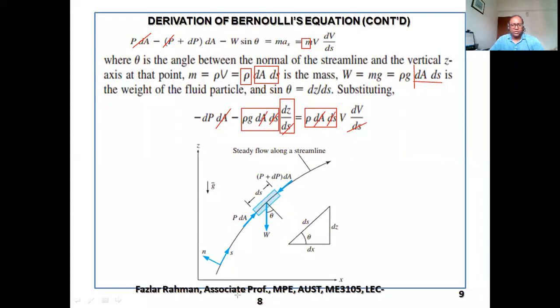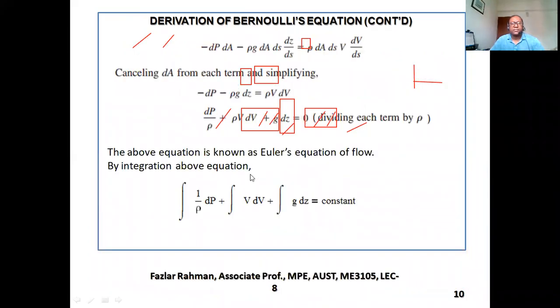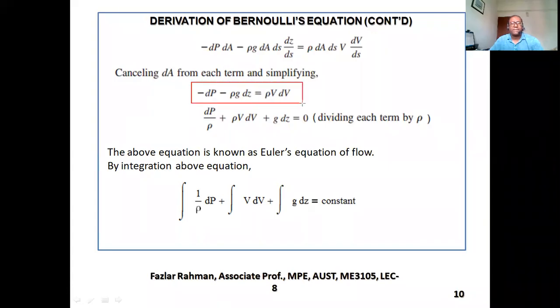So if we go to the next slide, you see we'll do the integration and derive the formula. Let's see. So after simplification, we are getting this line. Now divide both sides by rho. So you get dp by rho, and all of them you bring on one side.